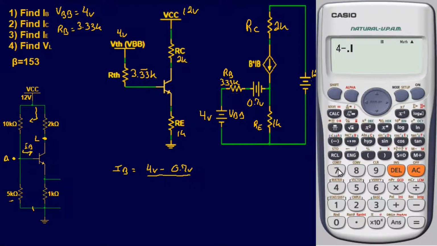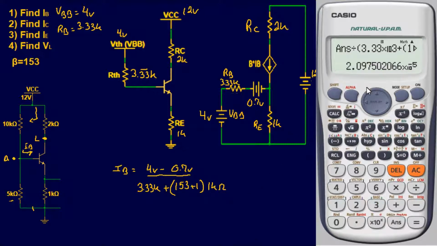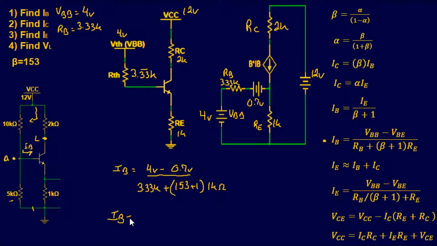Divided by our base resistance, which is 3.33 kilo, plus beta, which is 153, plus 1, multiplied by 1 kilohm, because that's our emitter resistance. Alright, we're going to plug and chug this in the calculator and see what we get.